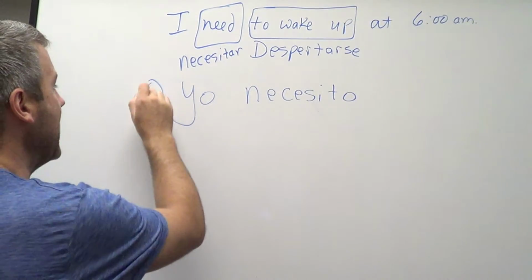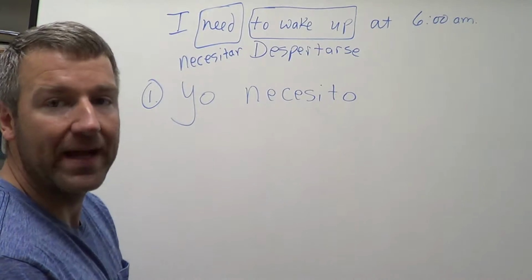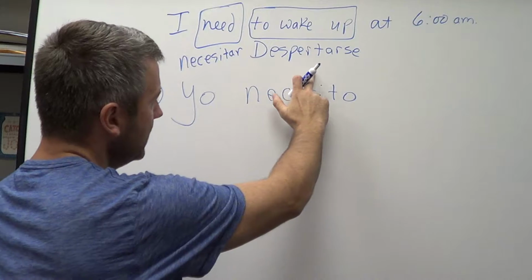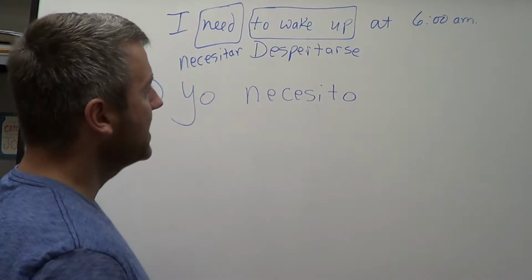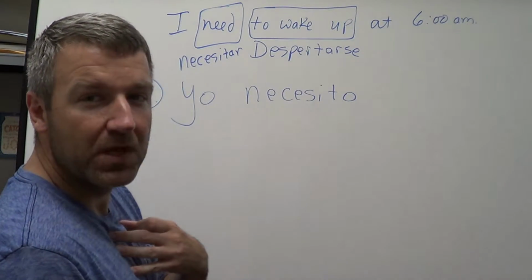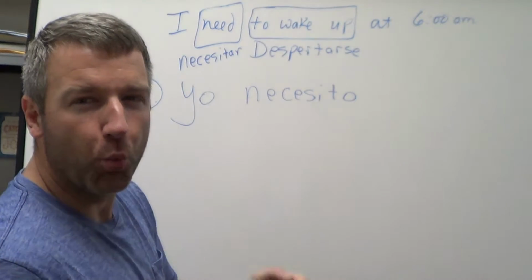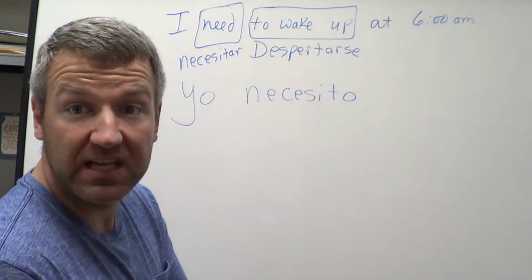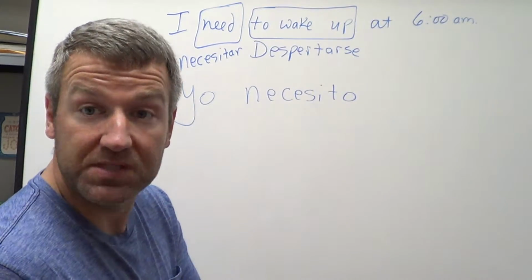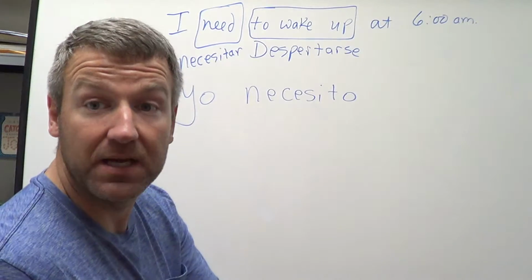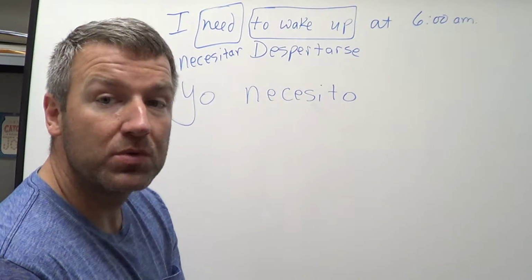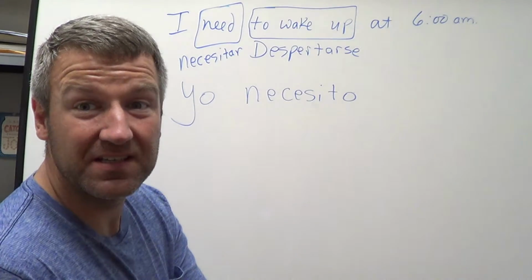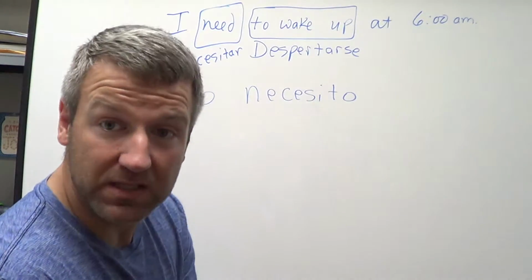The first way that I can say I need to wake up is with despertarse. I'm talking about myself. So if I'm talking about yo, what reflexive pronoun would I use when I'm just saying I wake up? I would say yo me despierto, right? But if I want to say I need to wake up, I still have to include that me in the sentence because it's part of the verb despertarse.